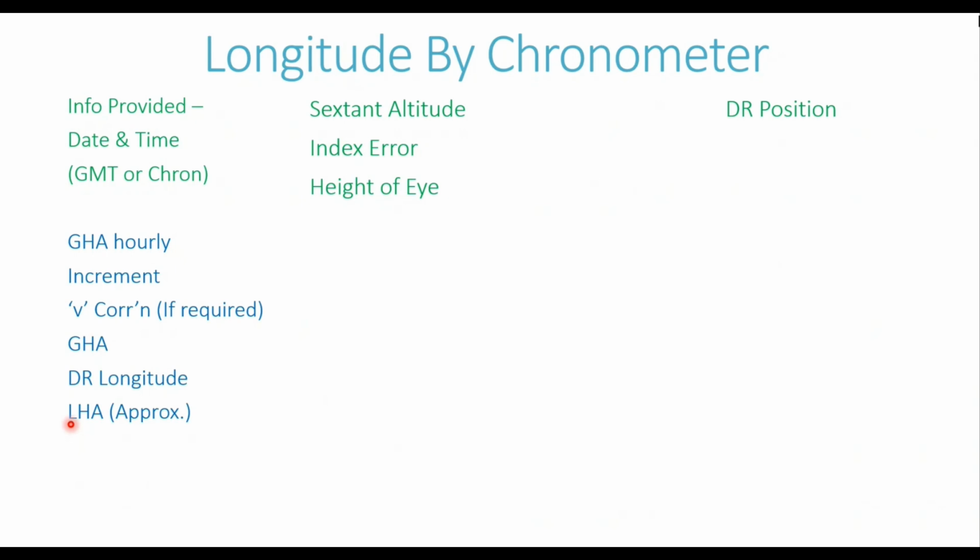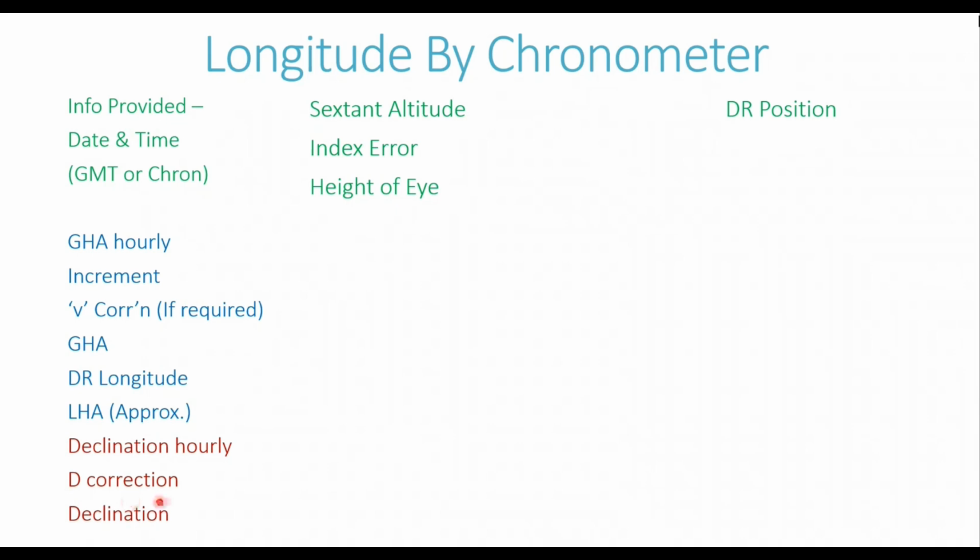Now, once LHA is known, then we go into the almanac again. The second information regarding the body which is given in the almanac is the declination. Now from the daily page, from the date page, we will be able to get the hourly declination for the particular GMT. We will also get the value of D correction from the daily page itself.